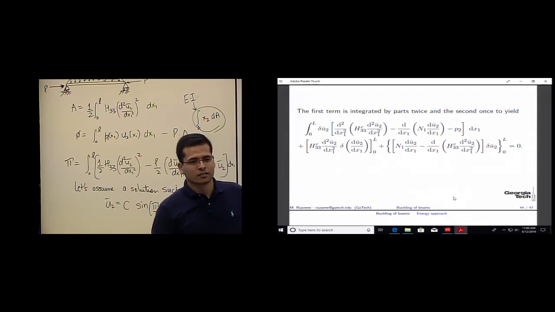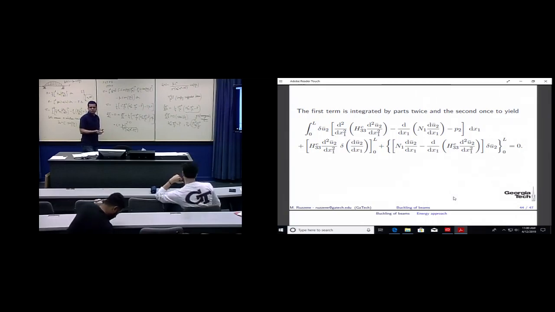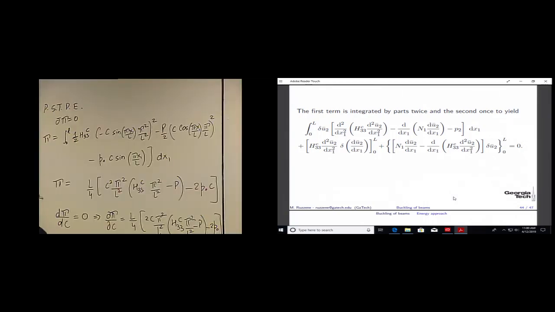Quick question. You used the abbreviation PSTPE, then assumed the virtual work is 0. Is that connected, and what does that abbreviation mean? So this is the principle of stationary total potential energy. It says that for a system to be in equilibrium, the variation, or small changes, in the total potential should be equal to 0 for any arbitrary displacements.